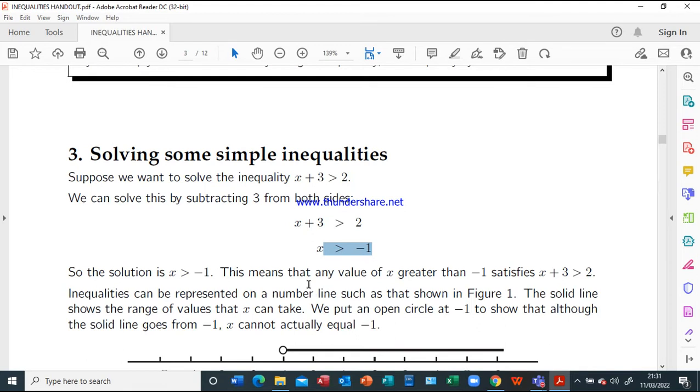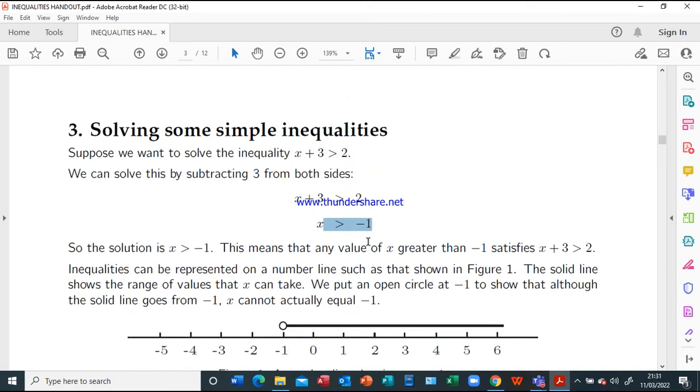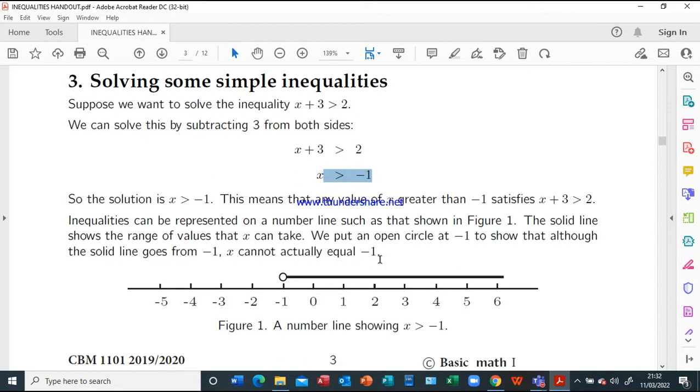Now remember, I said that for inequalities, the unknown is a range. You don't get a single value. If it was equal to, you'll get x is equal to negative 1. But in this particular case, it is greater than. So all values of x greater than negative 1 satisfy this inequality. So you will not have a single value but a range of values. And if you are to represent this on a number line, that is how it will look like, from negative 1 all the way across.